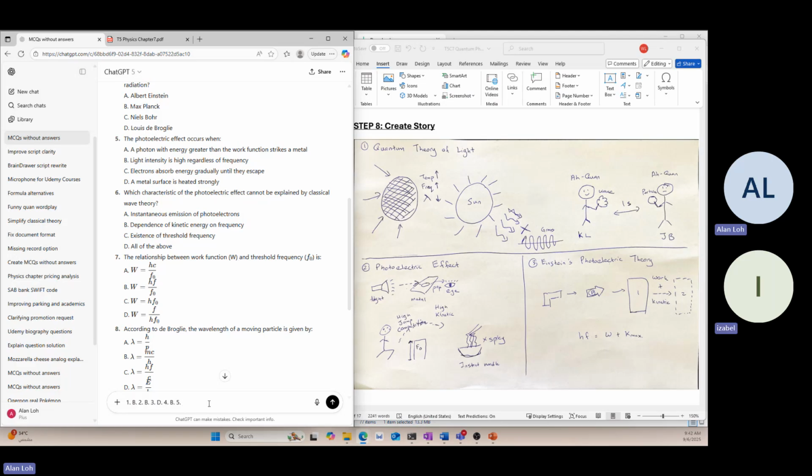A photon with greater energy than the work function strikes a metal. So A. Okay. And then 6. Which characteristic of the photoelectric effect cannot be explained by classical wave theory? So that'll be the photoelectric effect drawer, and then all of the above. So D.